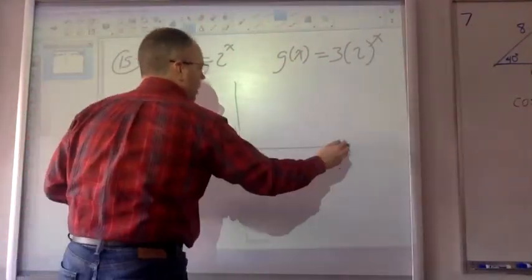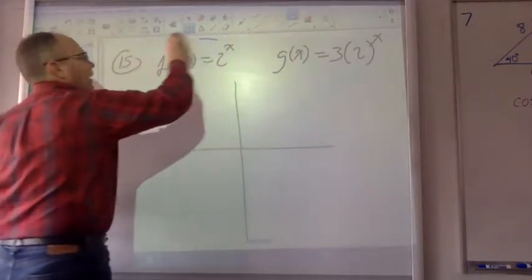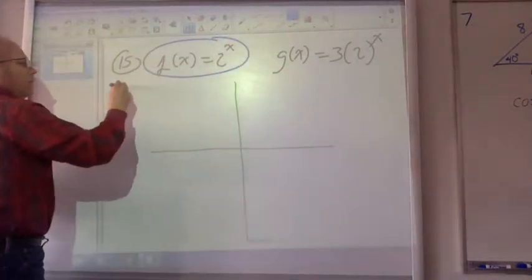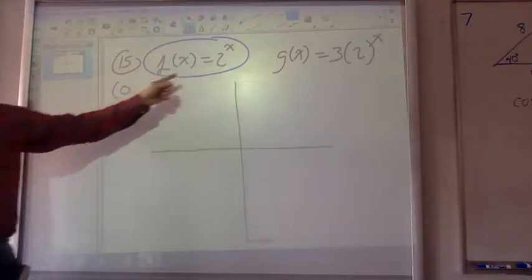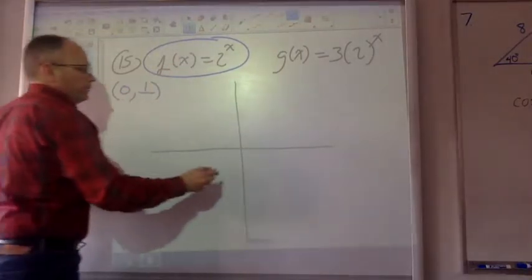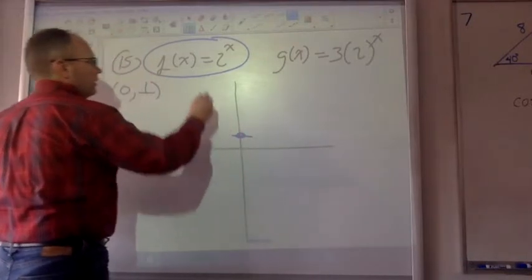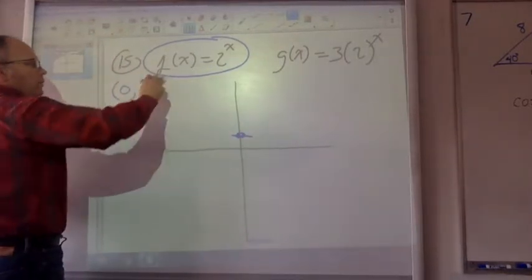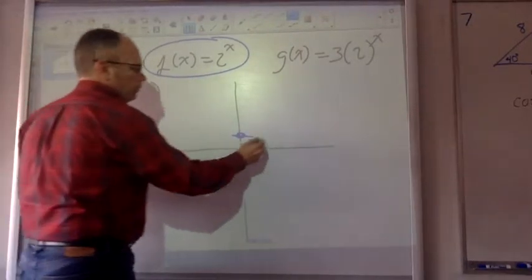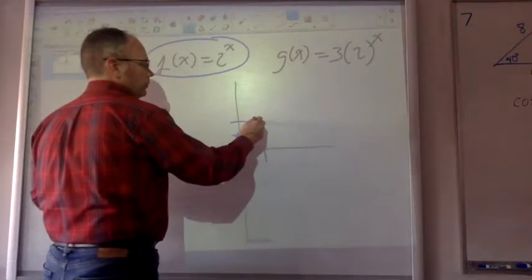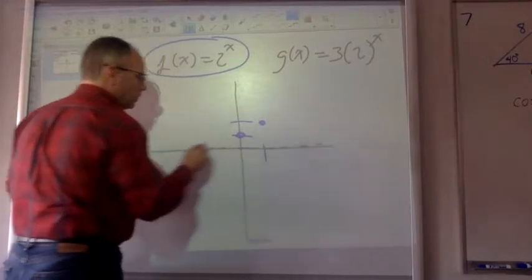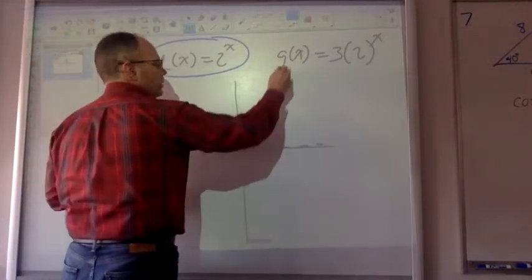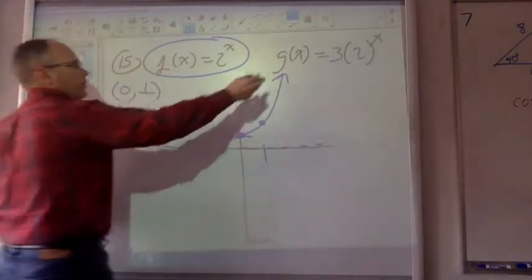So if I have my xy axis here, I draw this, I plug a 0 in, that'll find me where it crosses the y-intercept. 2 to the 0 is 1. Then I go ahead and plug 1 in there. 2 to the first is 2. I have this as my intercept, or my asymptote. So that's what this line looks like.